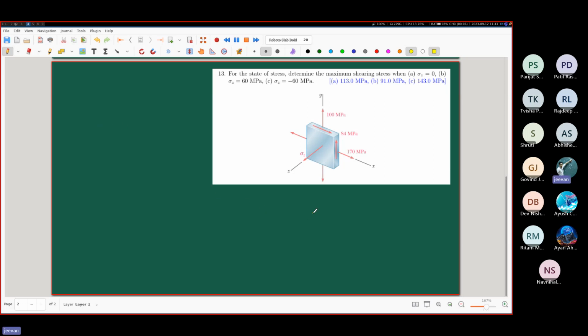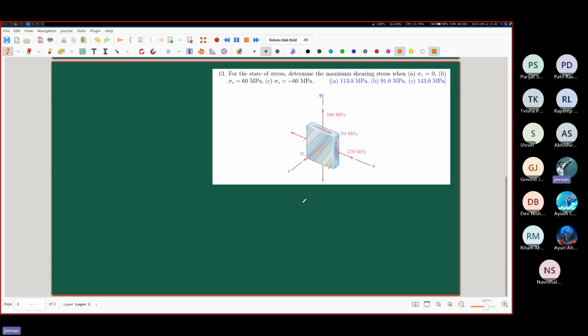You see, for the first case, sigma z is equal to 0. But along with sigma z equal to 0, what you have to note is that on this plane, let me highlight it with a different color, maybe orange.